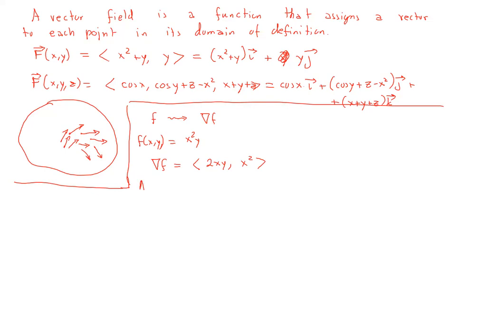So a vector field of the form gradient of f, for a scalar function, I call it scalar because its outputs are numbers, they're scalars, for a scalar function f, is called a conservative vector field.